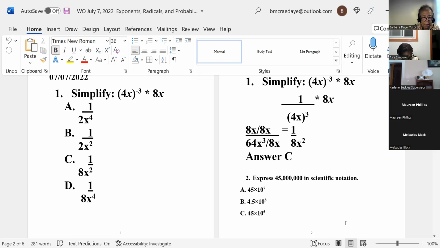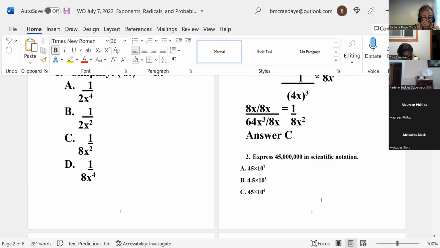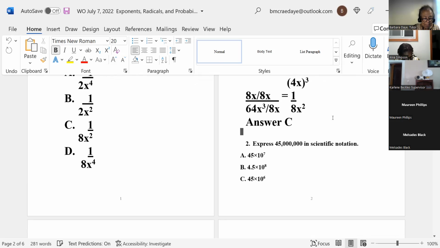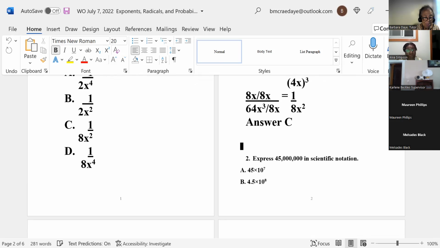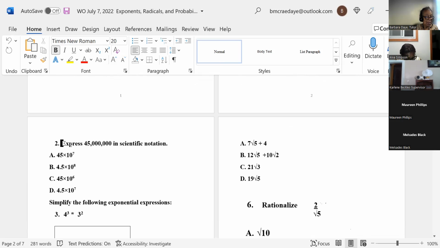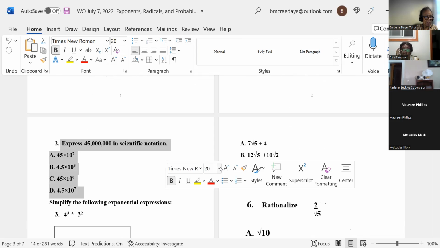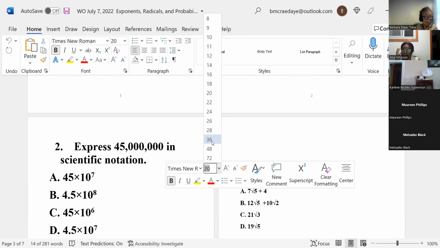Okay, Alva, scientific notation. Let me bring this one to the next. See if you can tell me this one, Alva. We want to express 45 million in scientific notation.